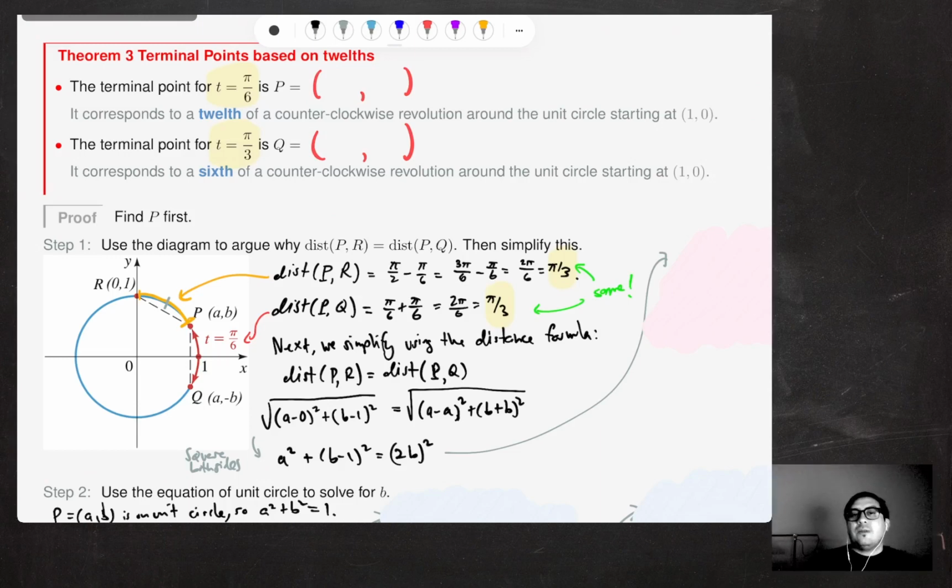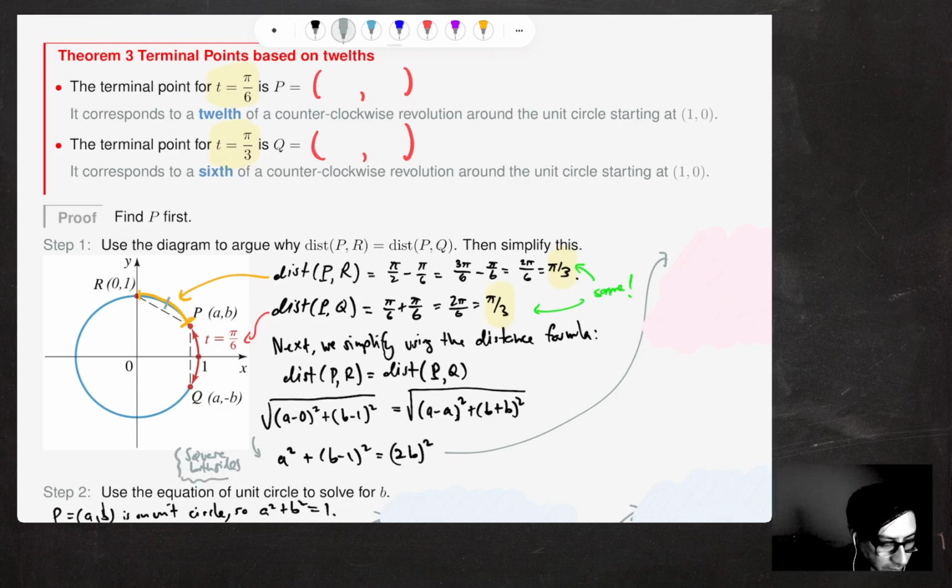Now, what's the distance between P and Q? The difference between the x coordinates is A minus A, so A minus A squared. Plus, now I do B minus a negative B. Two minuses give me a plus, so I get B plus B squared. The next trick is, because I have square roots on both sides of the equation, I can square both sides to get rid of the square root.